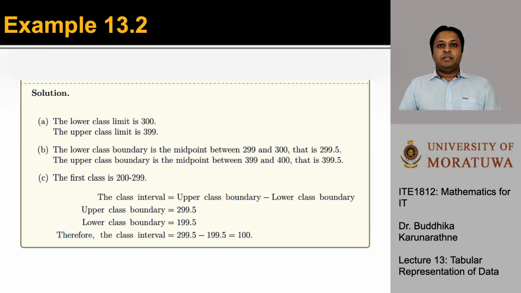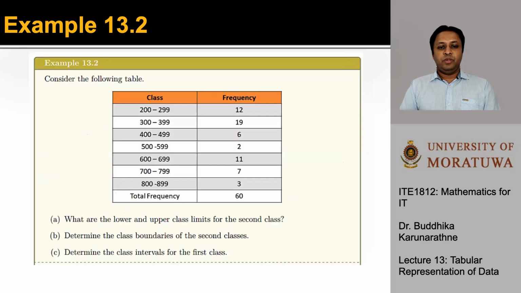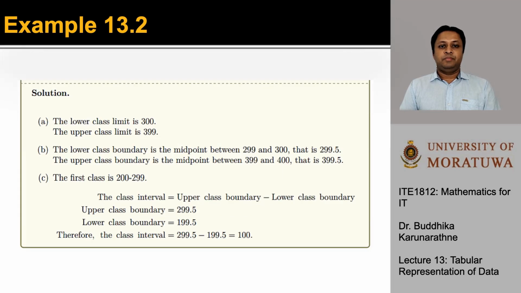The next question is about the first class, that is 200 to 299. We are asked to determine the class interval. How do we get the class interval? We take the upper class boundary minus the lower class boundary. Similarly to the method in part B, we can determine the upper class boundary as 299.5 and the lower class boundary as 199.5 for the first class.